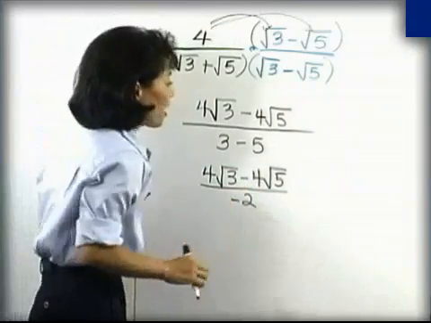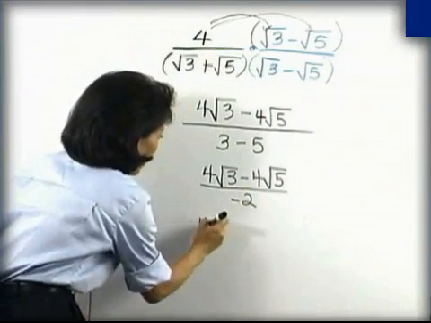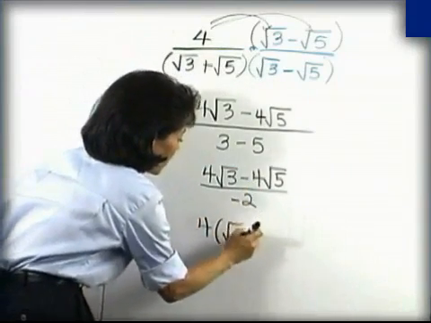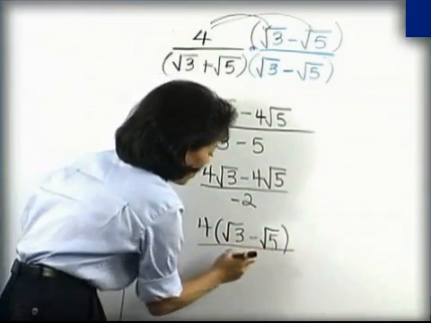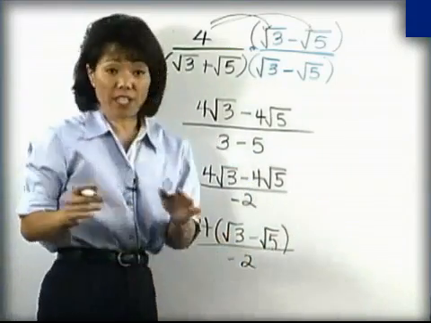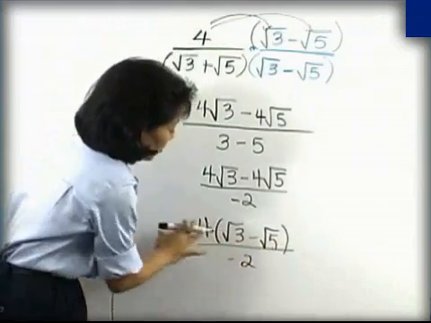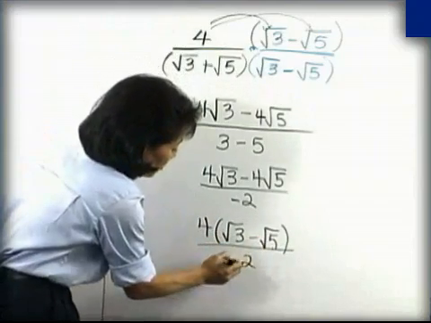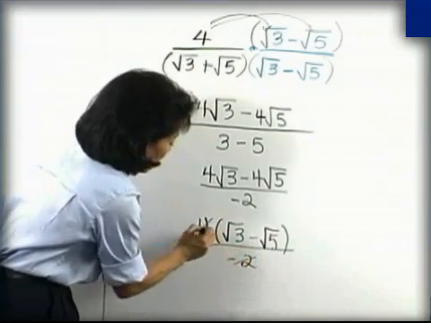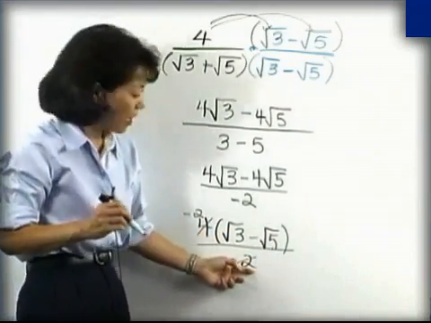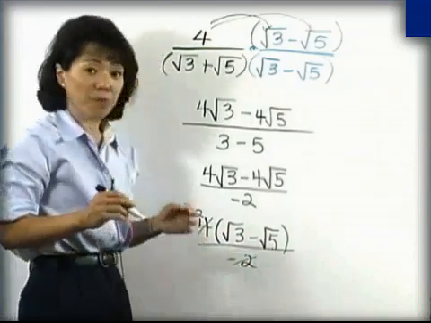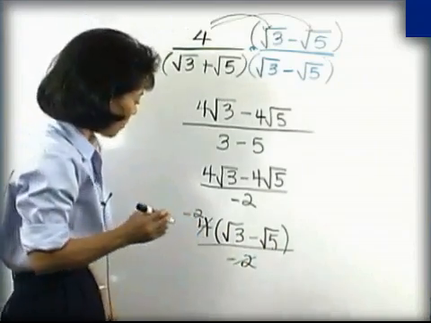What we're going to do now is factor out that 4 and write this as root 3 minus root 5 all over negative 2. Now that we did that, we've got a product we can reduce. Now what we'll do with this negative sign is we'll just bring it to the numerator. Negative 2 goes into negative 2 once. Negative 2 goes into positive 4 negative 2 times.